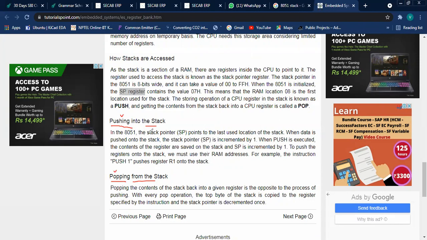So here we have a stack pointer register. What is the stack pointer register value? It is 07H. Now when data is pushed onto the stack, only one byte of data being stored onto the stack memory, first the stack pointer is incremented by 1.